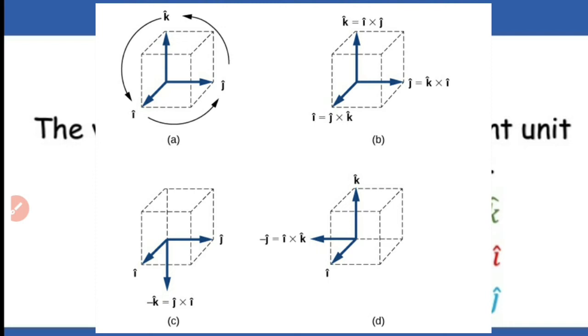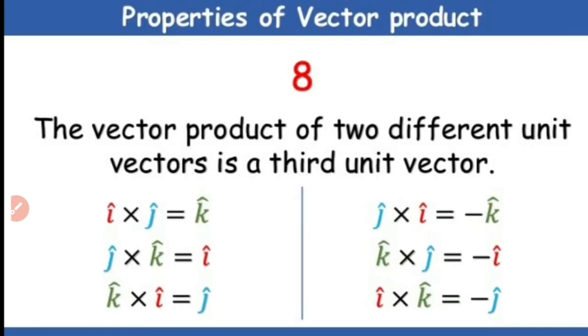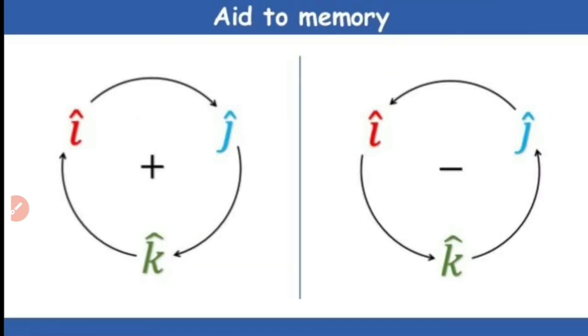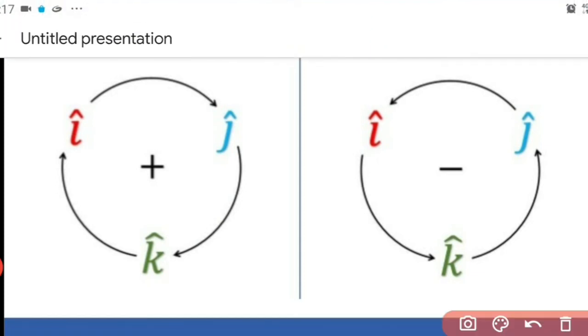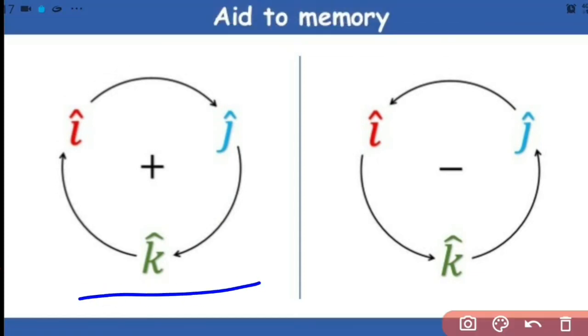Then when we take the reverse product, we have j cross i equal to minus k, k cross j equal to minus i and i cross k equal to minus j. That means you can keep it in mind in cyclic order, written as i, j, k in cyclic order.